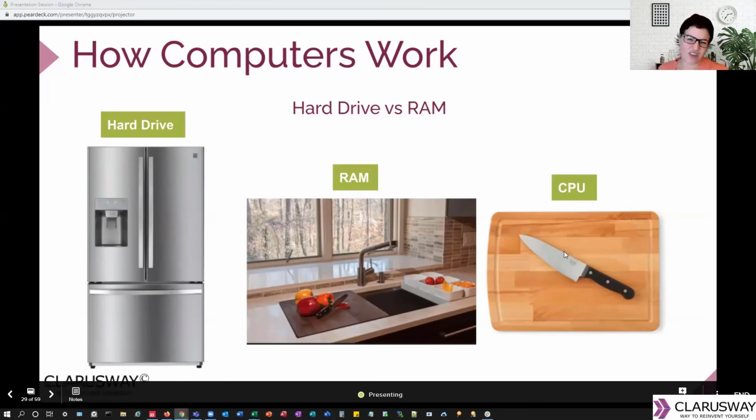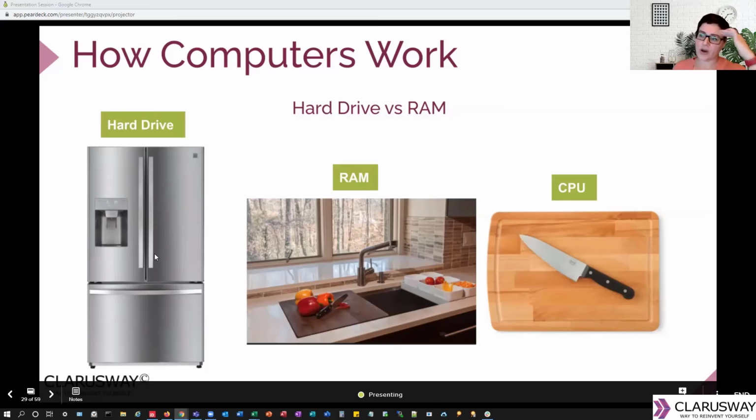So it's much faster for us to reach over to the side of the countertop to retrieve a vegetable than it is every time we're chopping a different vegetable, going back to the refrigerator, pulling out that vegetable, bringing it back to the cutting board. And then if you don't need the vegetable, going back to the hard drive, finding a spot to put that vegetable back.